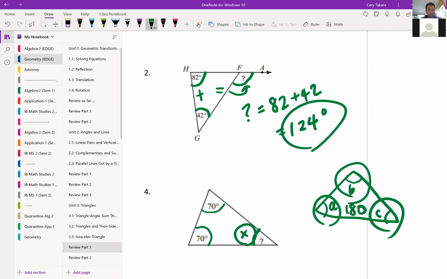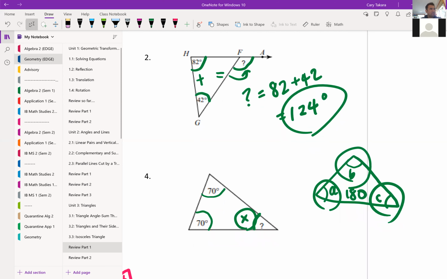What did you guys get? Can somebody indicate in the chat what will be the answer for number 4? Very good. It will be 70 plus 70 is 140.